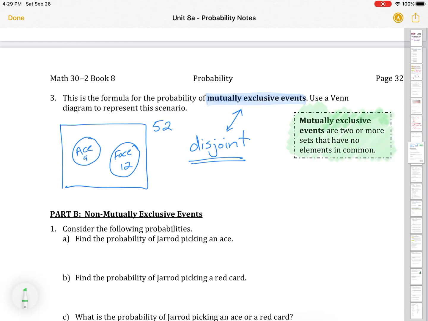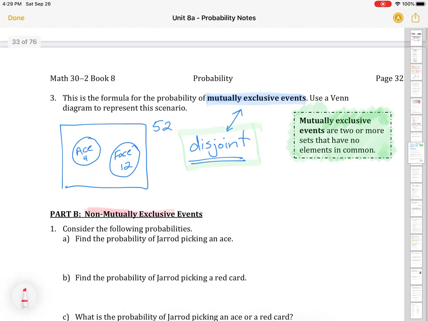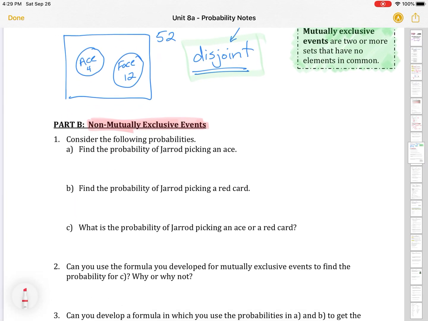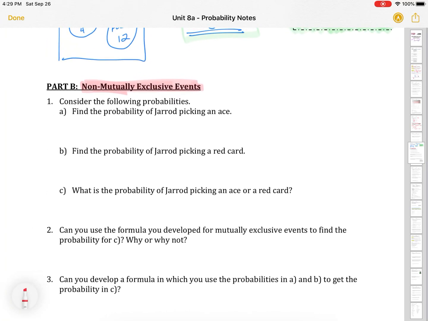When the sets are disjoint, they are mutually exclusive. There is no overlap. Mutually exclusive events are 2 or more sets that have no elements in common. Because there's no overlap and no common element, they're disjoint, and they would be mutually exclusive events.